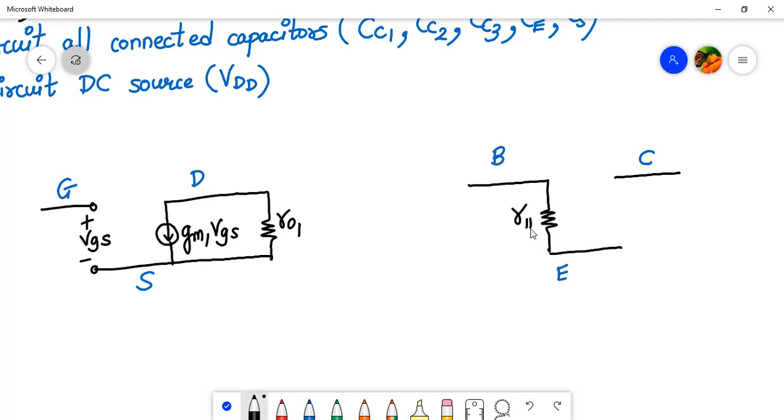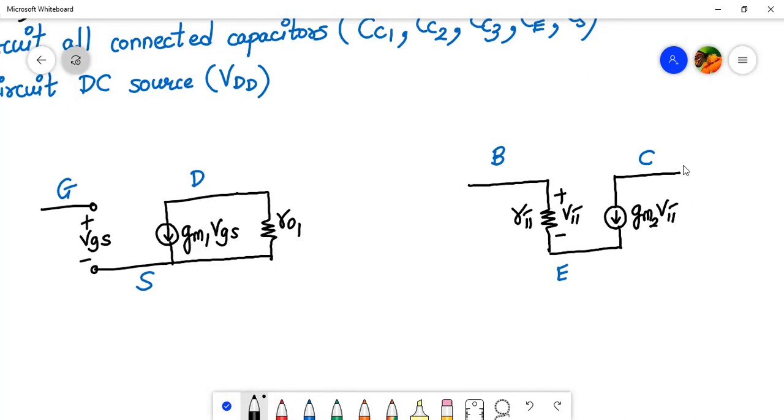So I'll write over here R pi, and the voltage across it is V pi, right? So we can write over here plus minus V pi. And between the collector and the emitter, we have again a voltage dependent current source, which we will write as GM2 into V pi.